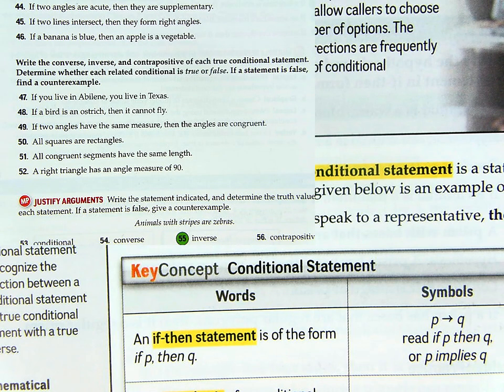With the converse, you don't change the meaning, you just change position. So if it's a rectangle, then it is a square. That's false. The inverse, you don't change position, you just change the meaning. So if it is not a square, then it is not a rectangle.